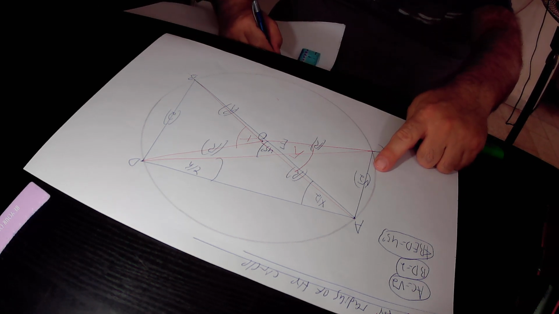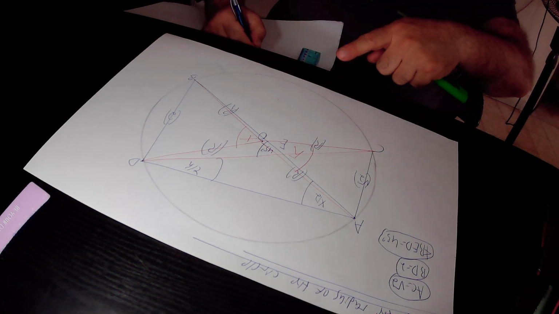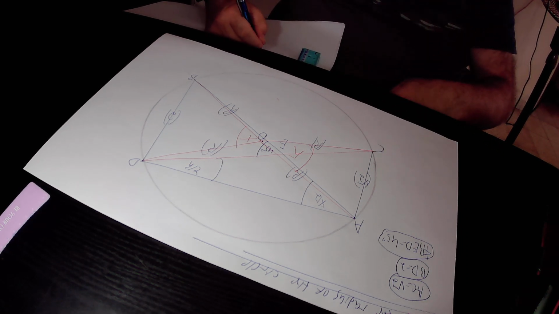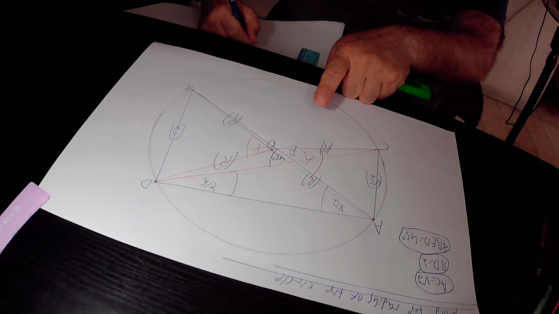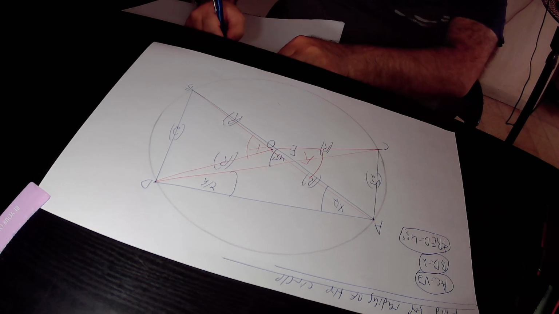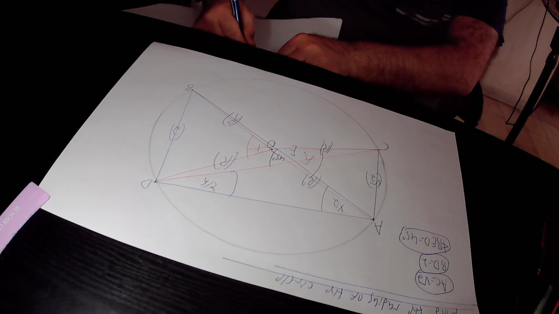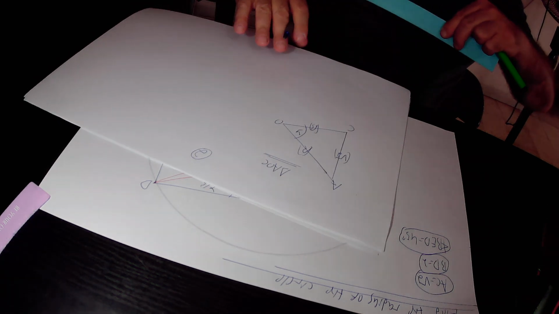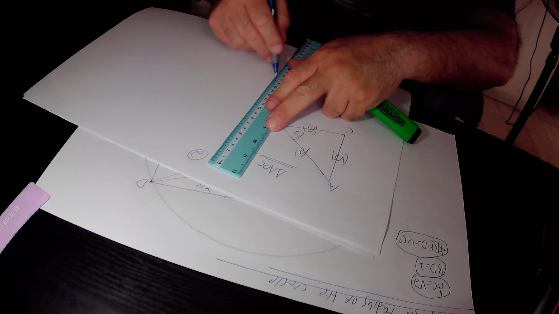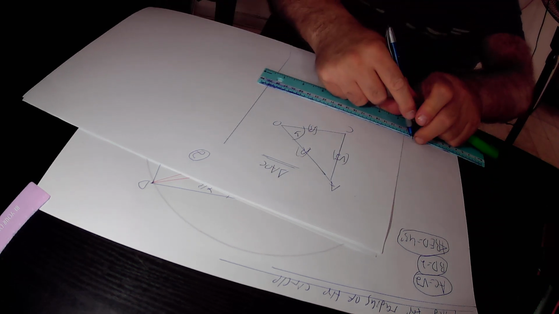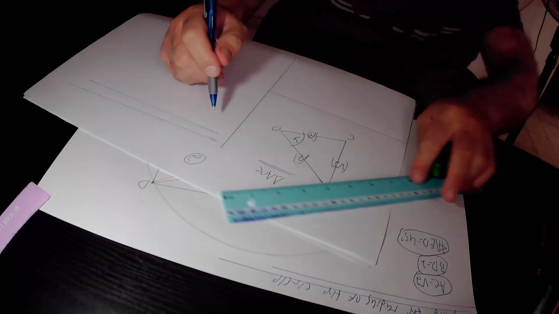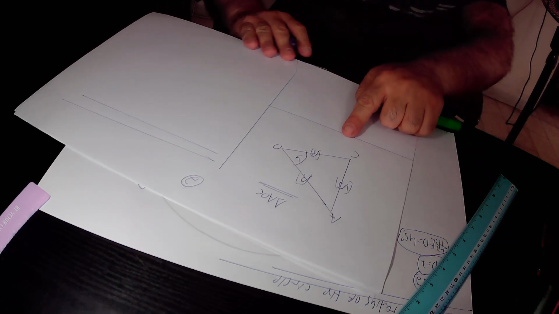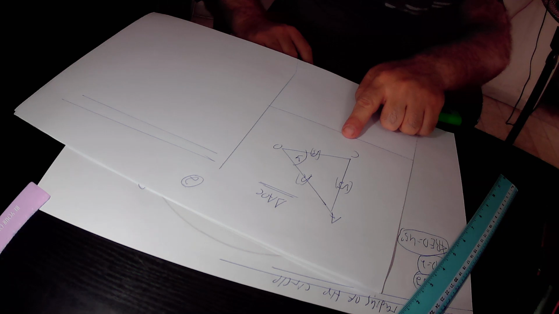Side AC equals the square root of 2 units in its length, AO equals R, and CO also equals R. And this is angle AOC, this is Y. So actually, this is triangle AOC, a copy from the original drawing.